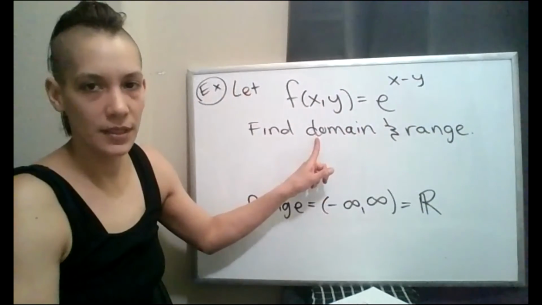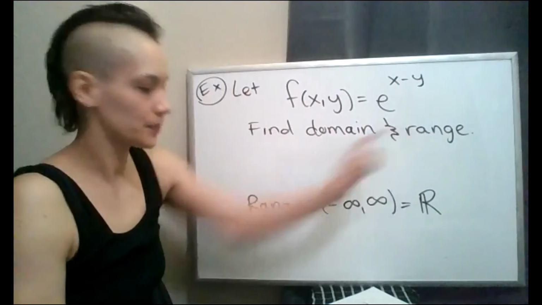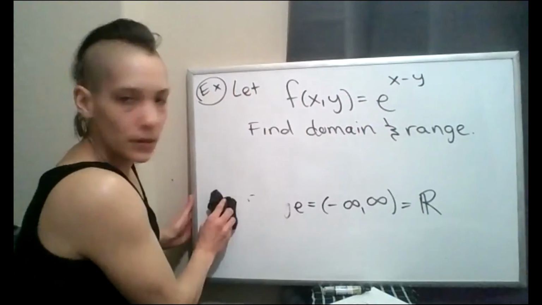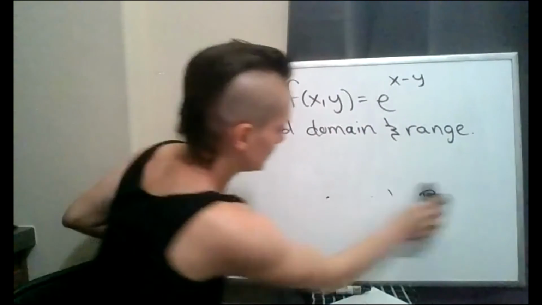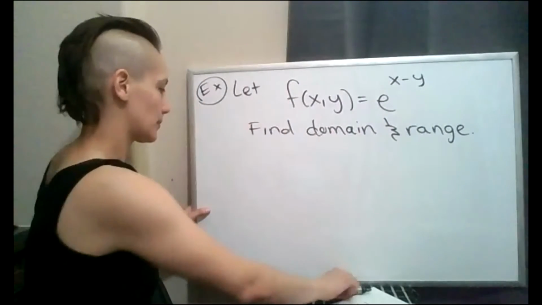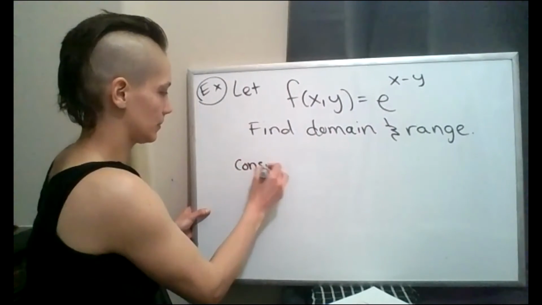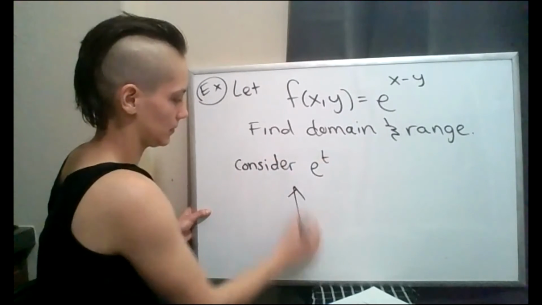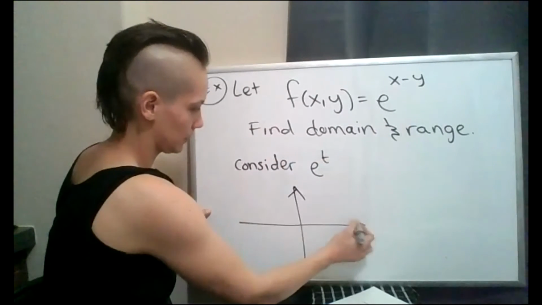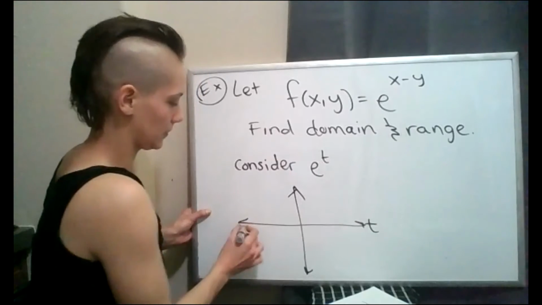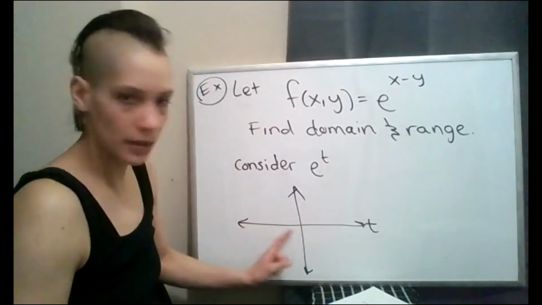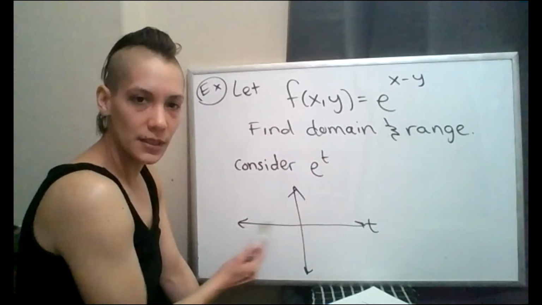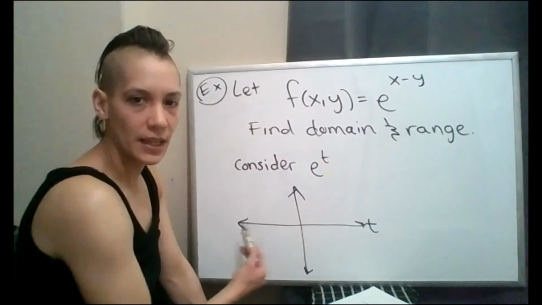Okay, so your set of inputs and your set of outputs. So let's first think about something like e to the t. Okay, it goes through 0, 1, and up exponentially, and approaches that line t equals 0.